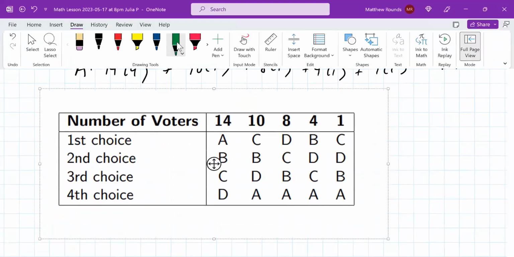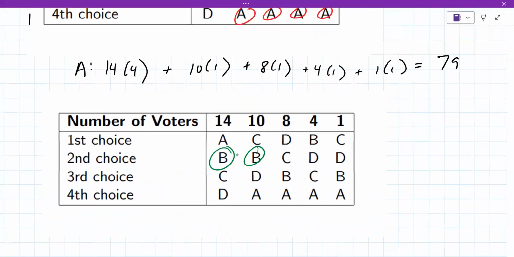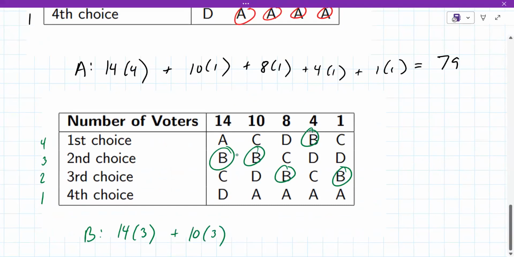So B, I think it's helpful to circle them. Numbers again. So B is 14 times 3 plus 10 times 3 plus 8 times 2 plus 4 times 4 plus 1 times 2.